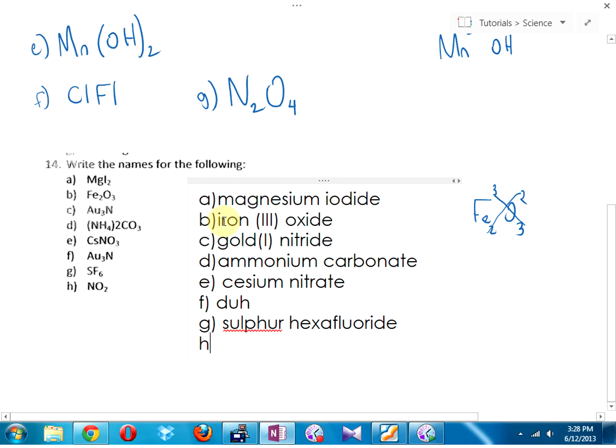So for covalent, you don't have to uncrisscross them. The reason is the name comes for covalent, the prefixes come from the subscripts which you get after you've crisscrossed. Okay?